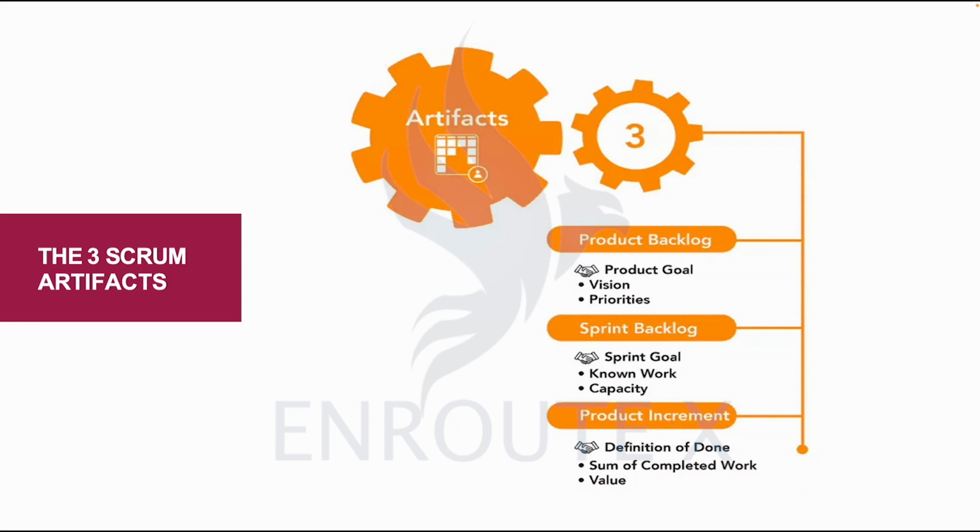Then, secondly, we have also looked at the 5 events in Scrum, making reference to the sprint planning, the daily Scrum, the sprint review, and the sprint retrospective, making 5, right?